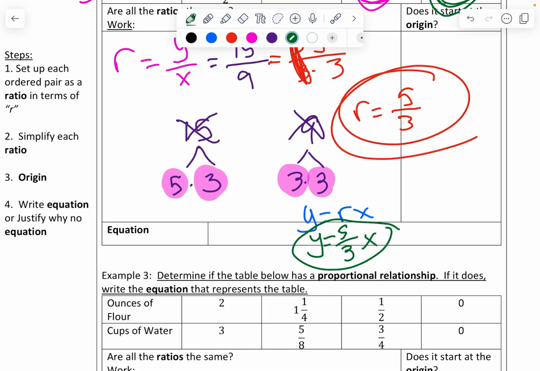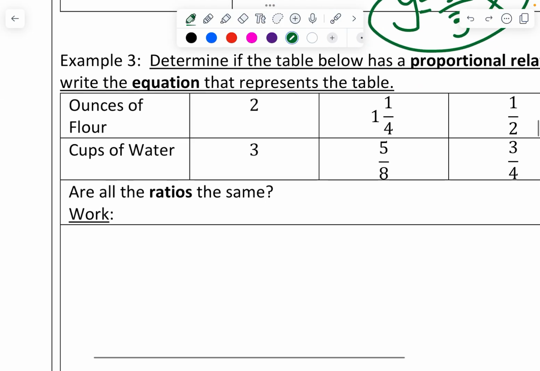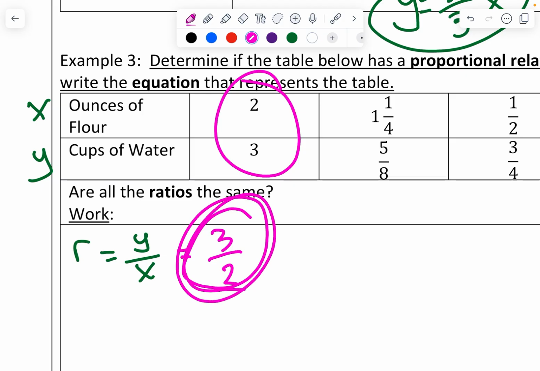Now something like this next one, hey, let's see if there's a proportional relationship. I don't know yet, we gotta try. So I got my X, I got my Y. The first one, I got a 3 over 2. But hey, both of those are prime. So 3 over 2, cool, that's just as far as I can get.